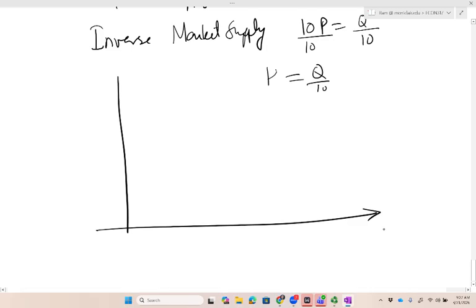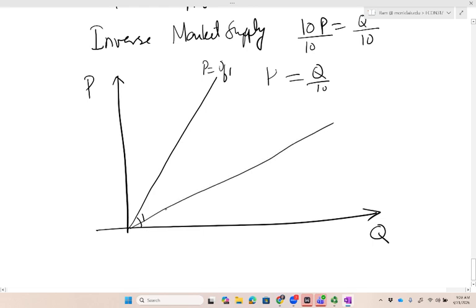So I now will have Q, the market supply, and price on the vertical. If you remember, slope 1 was the individual supply. So I will write P equal to, let's say, Q1. But when I draw the market supply, the slope becomes smaller, it becomes 1/10, and this is P equal to Q over 10.